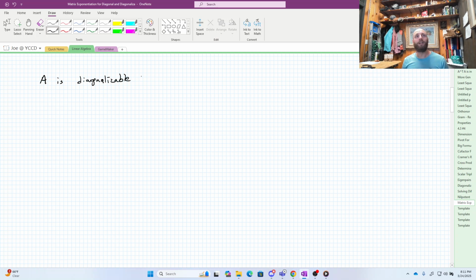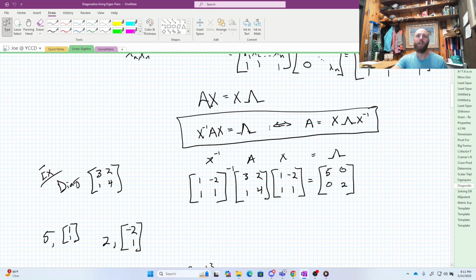A is diagonalizable means that I can write A as some matrix X, some lambda, some X inverse. I'm calling back to the formulation that we got from eigenvalues and vectors, when we talked about eigenpairs.